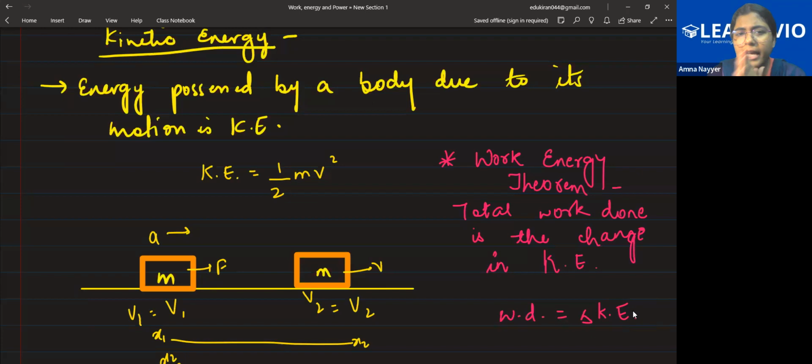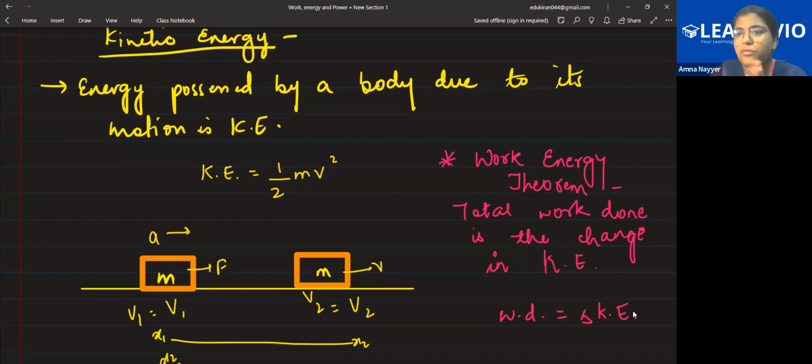Basically, any movement by the body. The body covers a certain distance. The body has a certain velocity with which it was moving. Or simply, motion of the body has occurred. The body has moved from one point to another, right? This energy is called the kinetic energy, which is there due to change in position. Just remember, kinetic energy comes into action whenever there is a change in position.